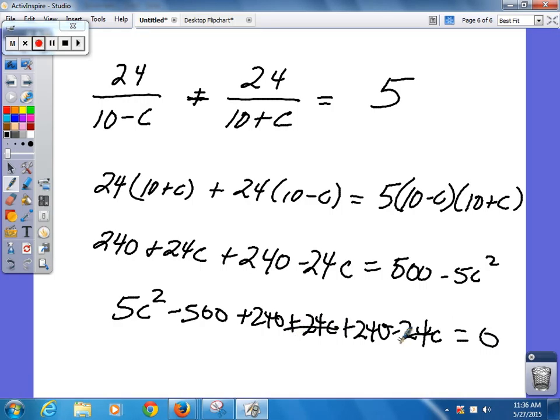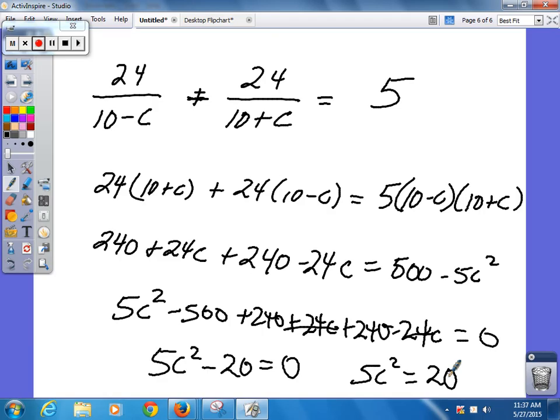And then we've got 240 and 240 is 480. Minus 500 plus 480 is minus 20. Sounds about right, Hubert. Thank you, class. Get your calculators out and check me. What's negative 500 plus 480? Should be negative 20. So that's 5C squared is equal to 20.